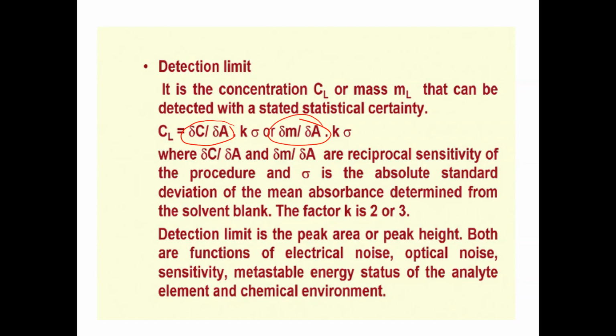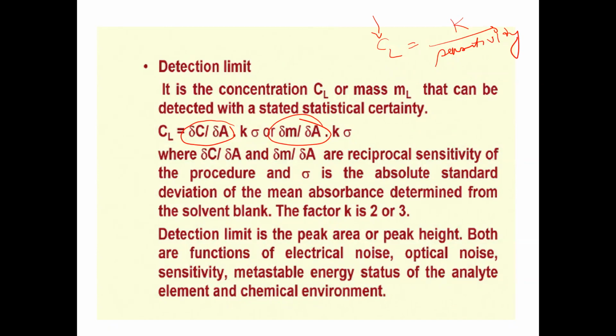Let me explain in this way. If you have more sensitivity, you can lower the detection limit, or you can say you can determine that analyte in a very low amount.